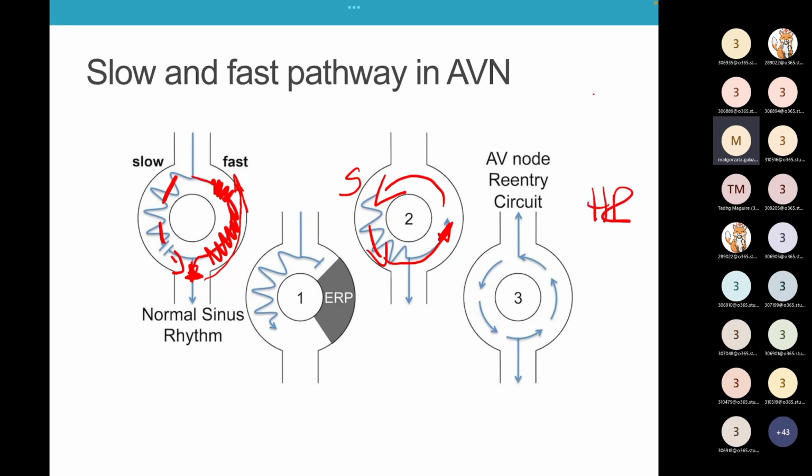This increase in the heart rate is responsible for most cases of atrioventricular tachycardia. Is that clear, or do I need to explain one more time?